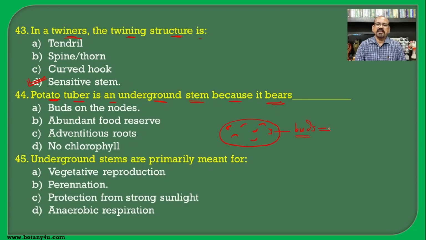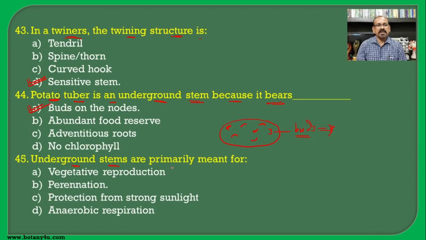In the rainy season you might have seen at home that these buds germinate to produce a new plant. Buds develop only from the stem and not from roots, and hence the buds on the nodal region of the tuber show that it is a modification of the stem.